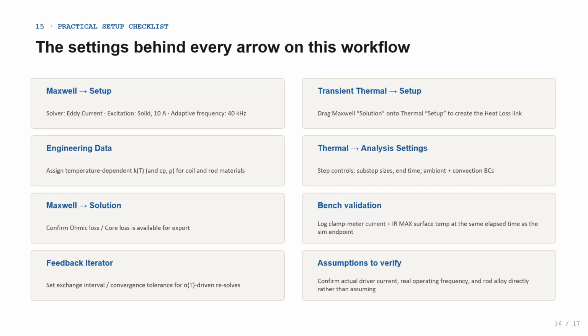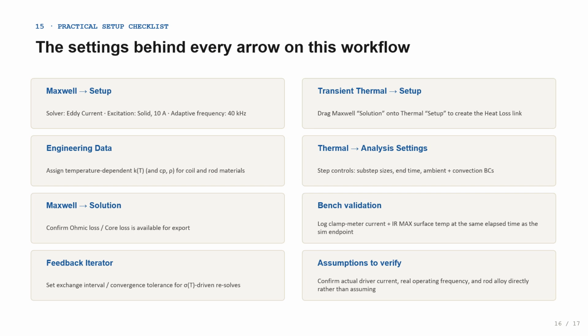Let's convert everything we have discussed into a concrete, repeatable checklist you could hand to someone setting this project up themselves. In Maxwell's setup, solver type eddy current, excitation solid at 10 amps, adaptive frequency 40 kHz. In engineering data, assign temperature-dependent K of T, along with specific heat and density for both the coil and the rod materials.